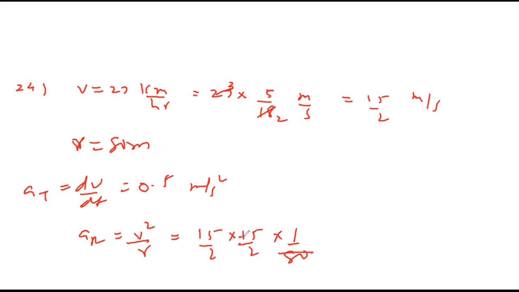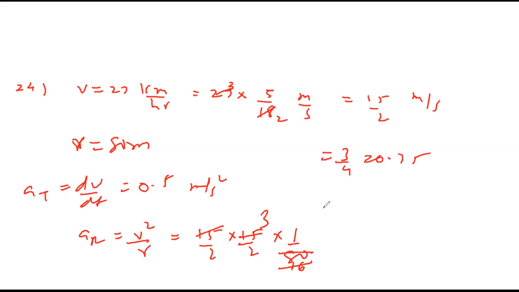So I can say 15 is 5 into 3 and 80 is 5 into 16. Roughly 3 5s are 15, I can cancel approximately. So it is 3 by 4, approximately 0.75.